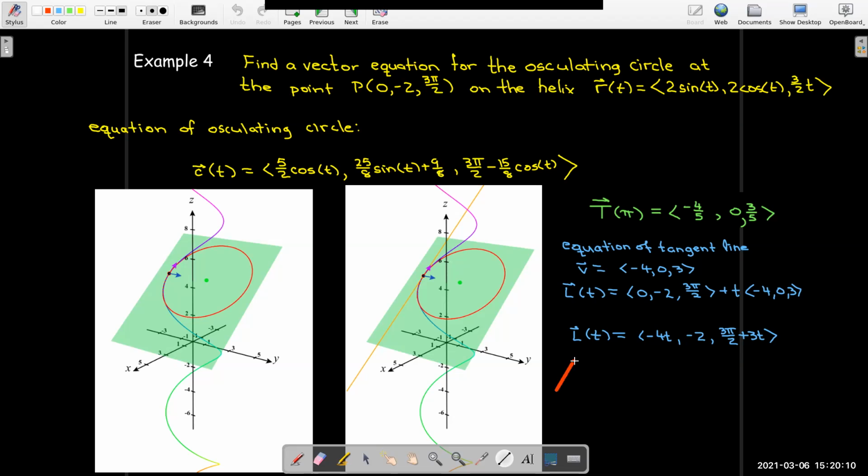so let me put my little caution sign here. I'm putting this because I made this mistake myself, and that is that I should have used different letters.